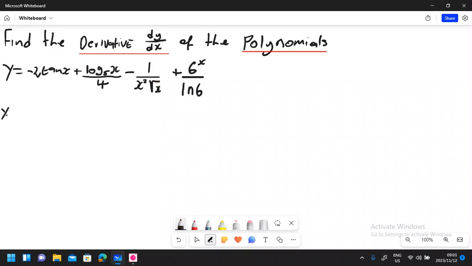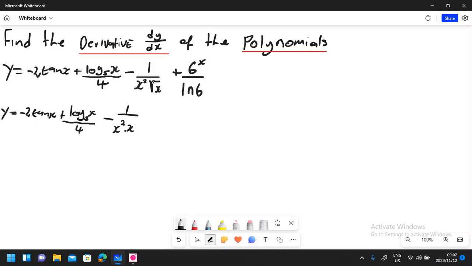So the first term is fine. We can just leave it like that. 2 tan x plus, and then we have log base 5 of x over 4, and then minus. Now this one we need to change, so we have 2 multiplied by x.